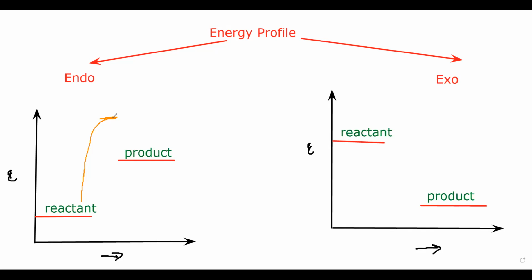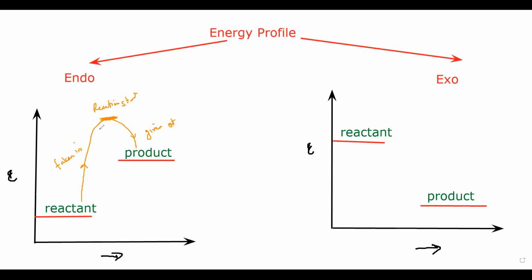For example, this is a position where the reaction starts, and the moment the reaction starts, the energy will be released to the surrounding. But you can clearly see that the energy which is taken in is more than the energy which is given out. So when we calculate the overall energy, a greater amount of energy is taken in and a small amount of energy is released.